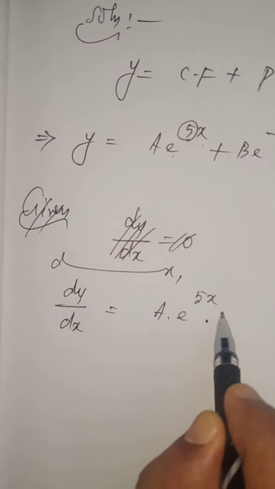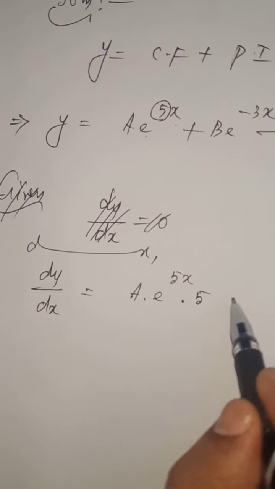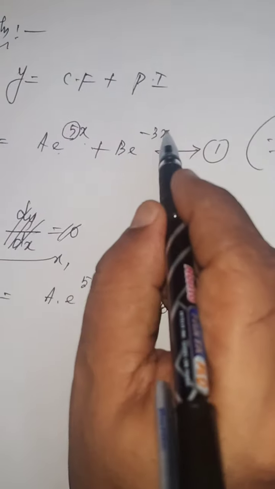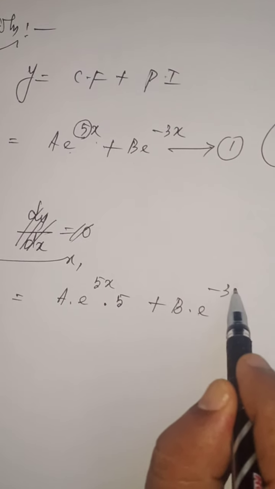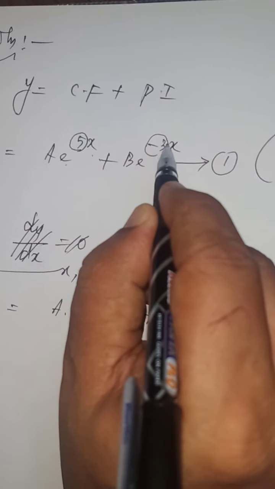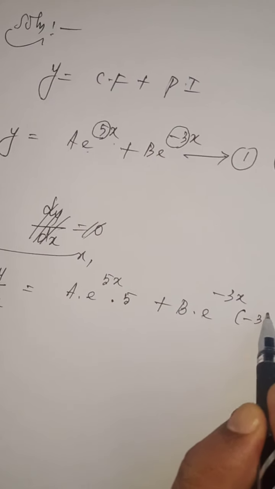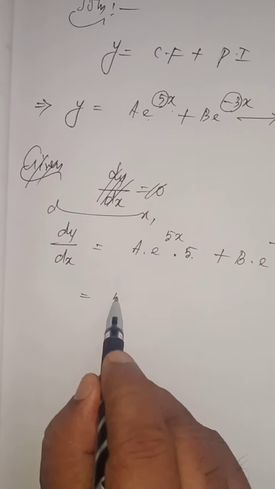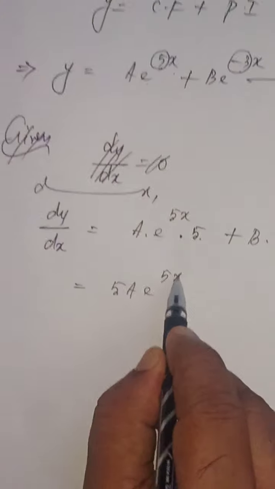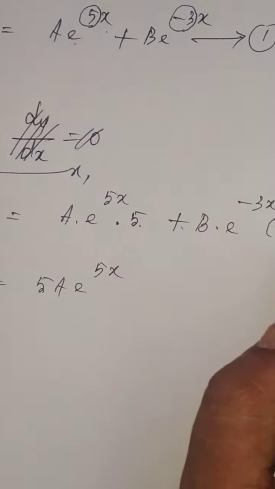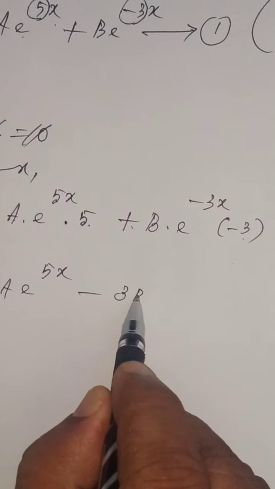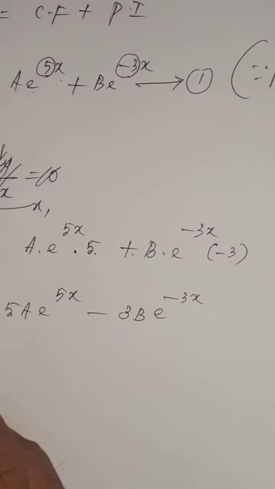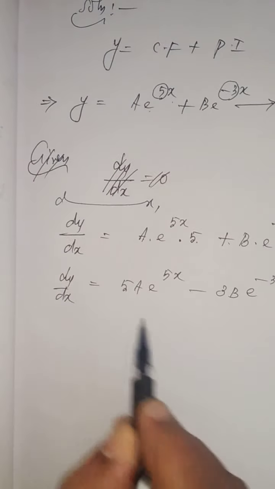Like that, b as it is into e power minus 3x into the coefficient of x, minus 3. So dy by dx equals 5a e power 5x minus 3b e power minus 3x. This is dy by dx.